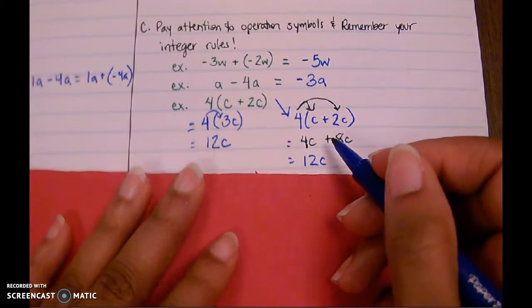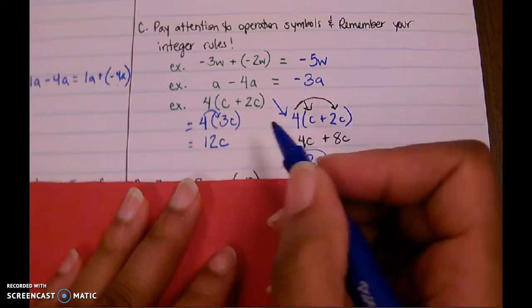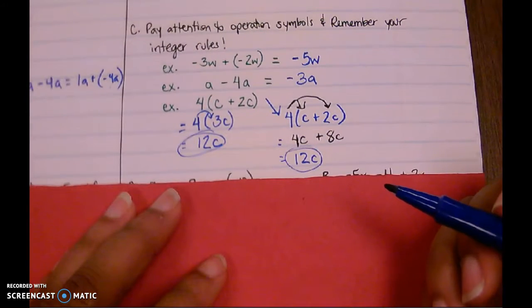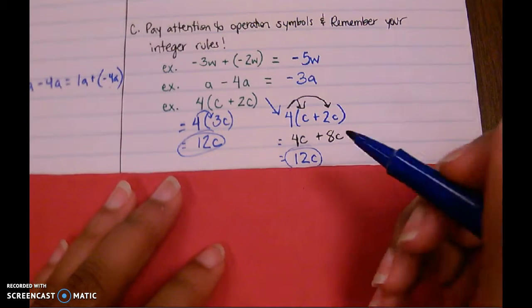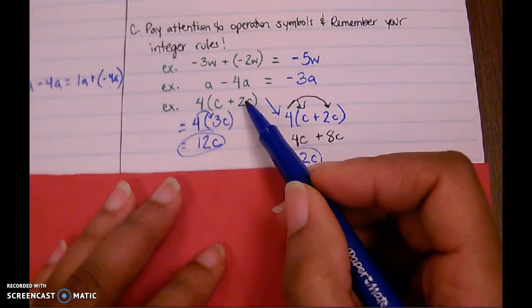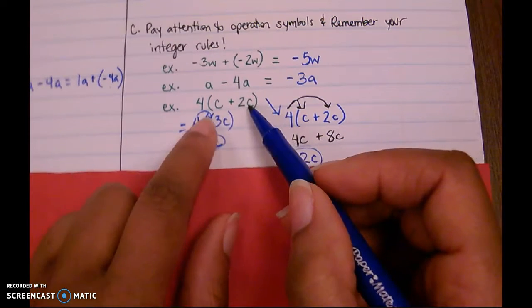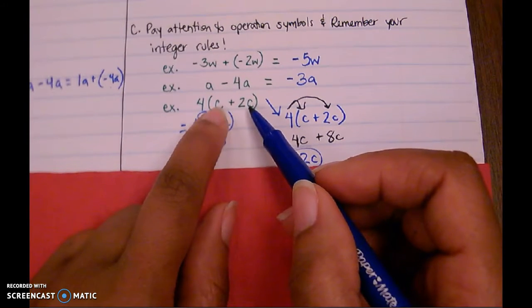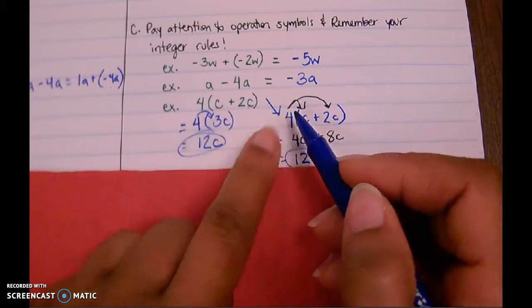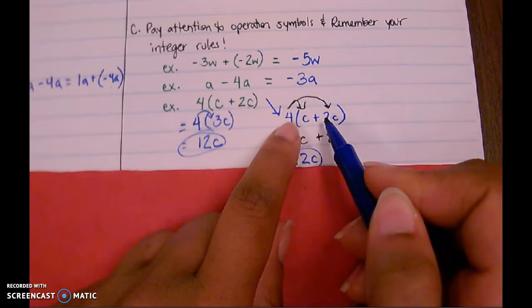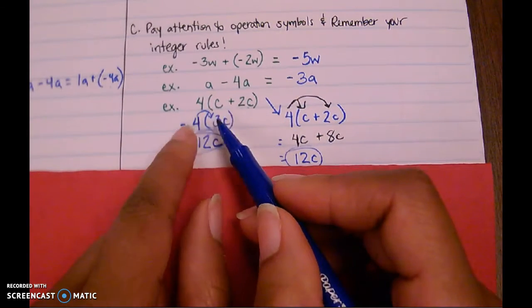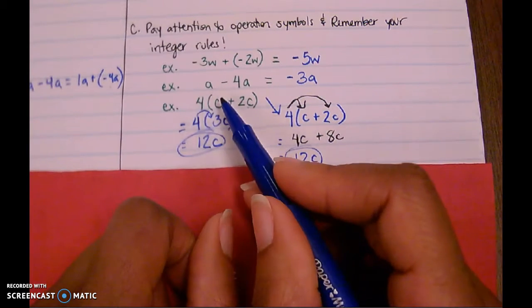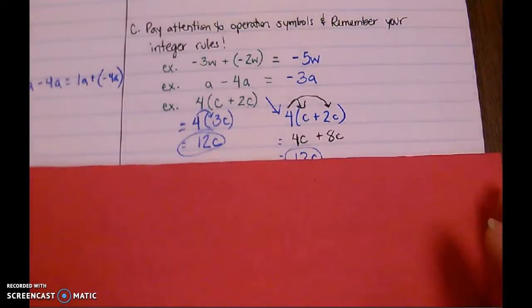Regardless of what method, you're going to get the same answer. So just decide which method is comfortable for you. But keep in mind that the only way we were able to add these two together is because they are like terms. If this was a B and this was a C, we would definitely have to use this method. But because these were like terms, we could combine them and then multiply this number into the parentheses.